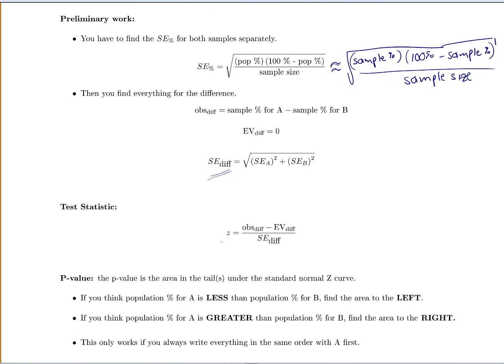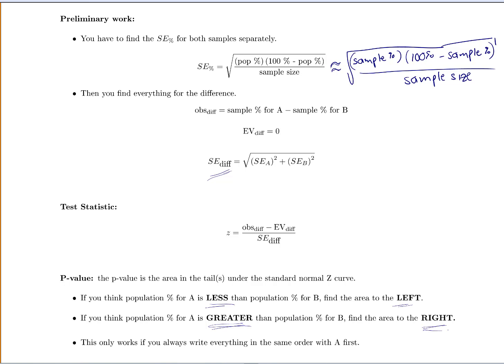And once again, the p-value will just be the area in the tail, or maybe tails, under the standard normal z-curve. So if you think the population percentage for A is less than the percentage for B, you'll find the area to the left. If you think the population percentage for your first one is greater than the second population percentage, find the area to the right.